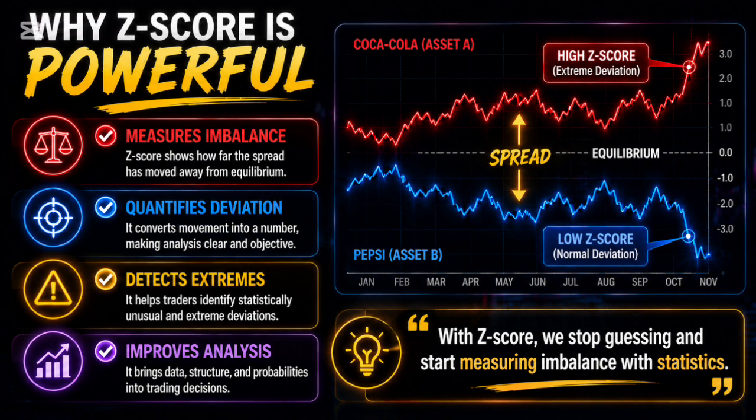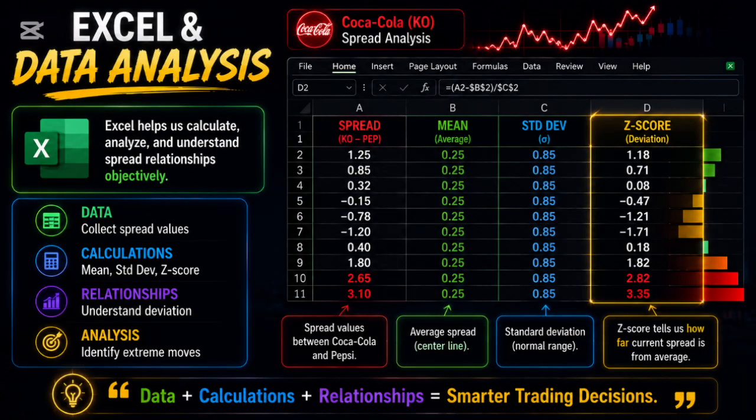And this is why tools like Excel become very, very useful in my trading personally when I'm trading statistical arbitrage, right? Because all these concepts need to be calculated. This strategy involves data, calculations, relationships and structured analysis.